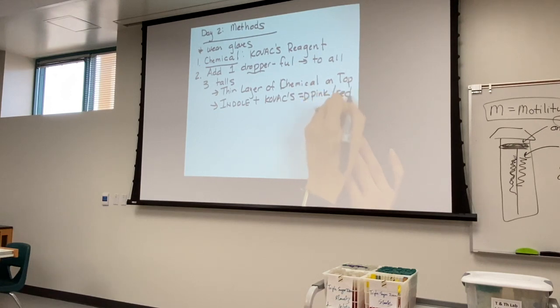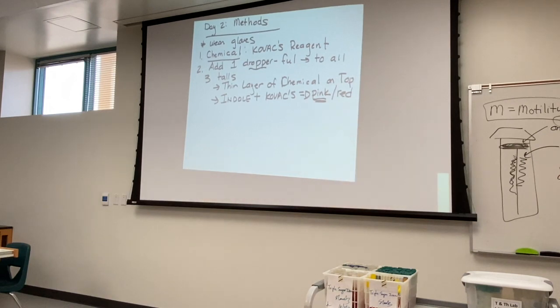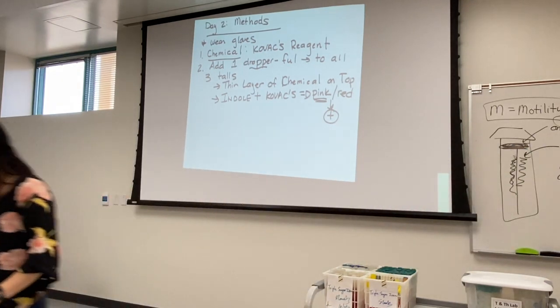To me, it looks less red and more pink. That's okay. We're looking for that pinky development, and if you see that, then you're definitely positive for indole. That's what we'll check out in our test tube. So if you want to grab your Kovacs, I'll pull out your SIM talls in the back area.